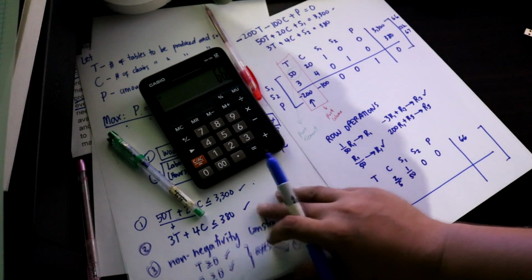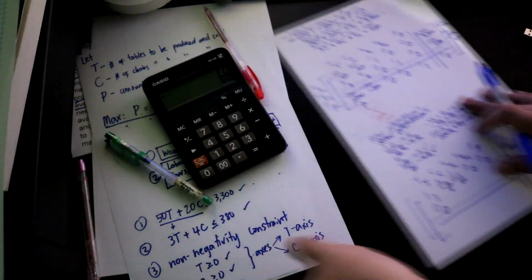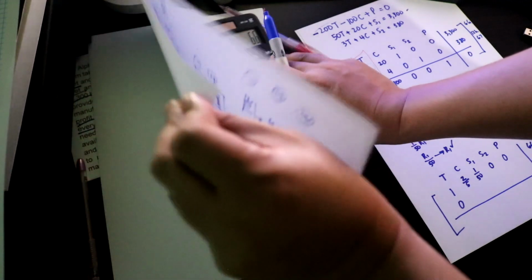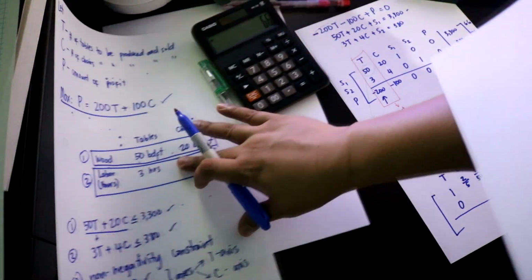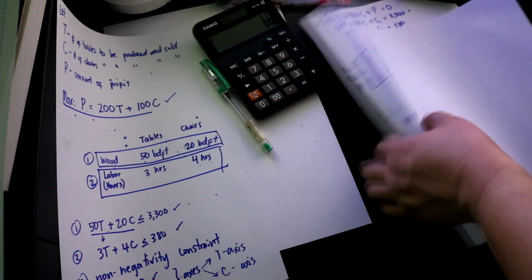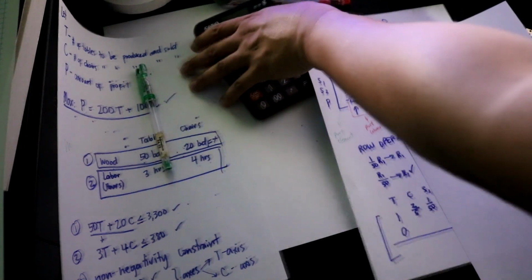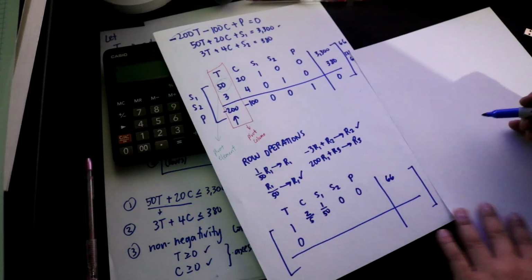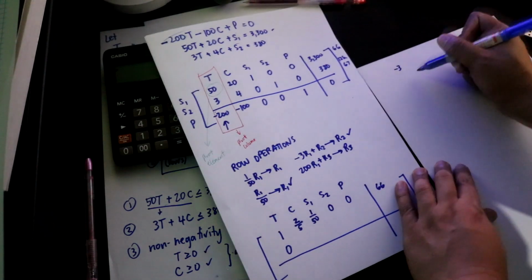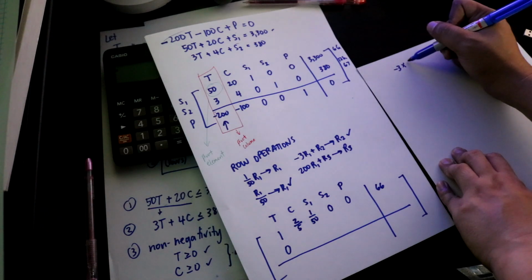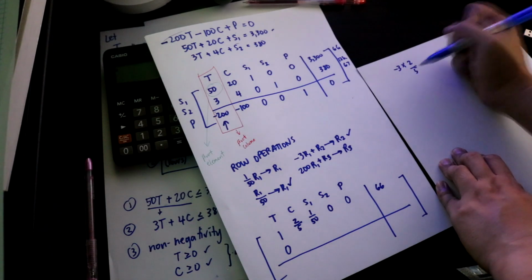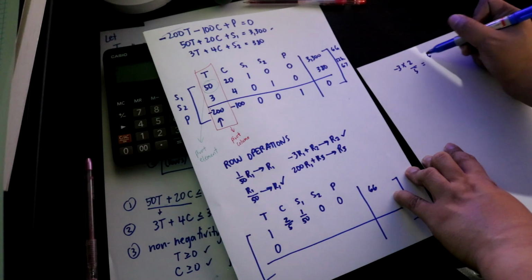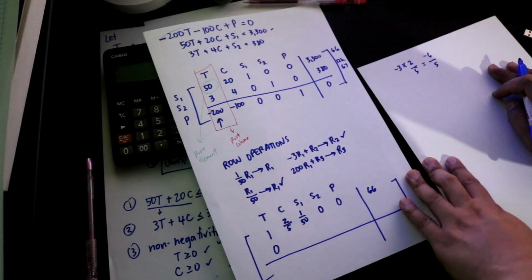To illustrate, let's have side computations here. I think it would be better for us to understand if I would be performing side computations here. Now, negative 3 times 2 over 5 would be equal to negative 6 over 5.